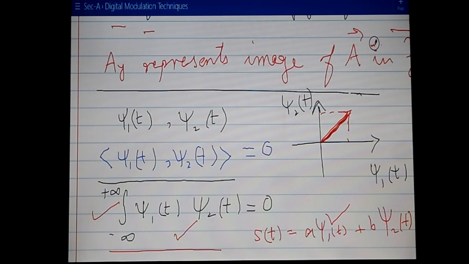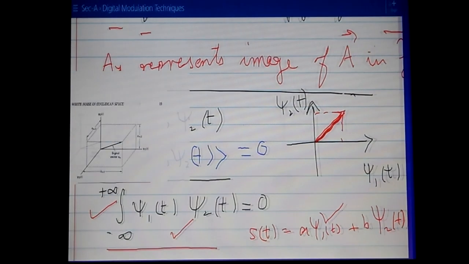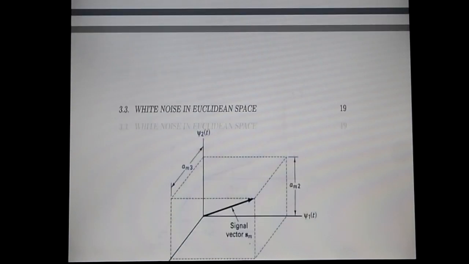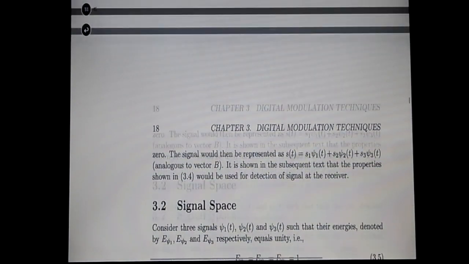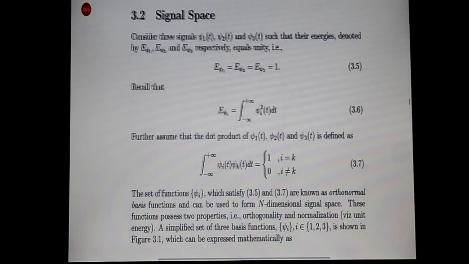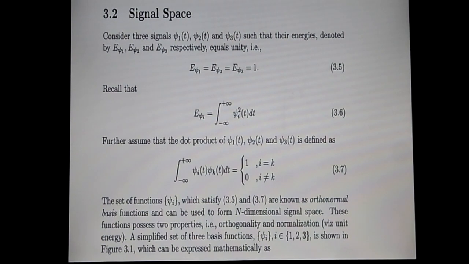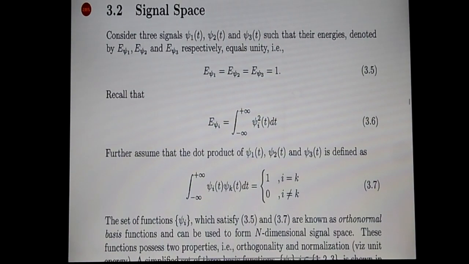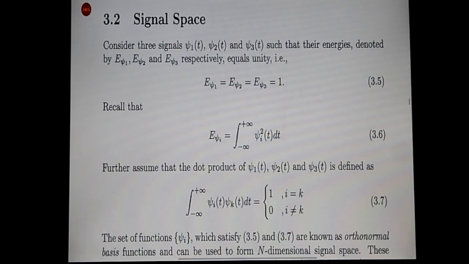So let's move to our lecture notes and see these properties so that we do not miss anything. Now, in the signal space, extending or recalling our concepts of the vector space, we would move forward towards the signal space.